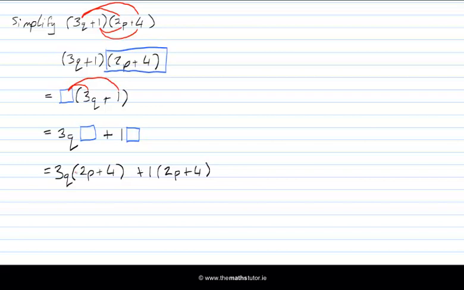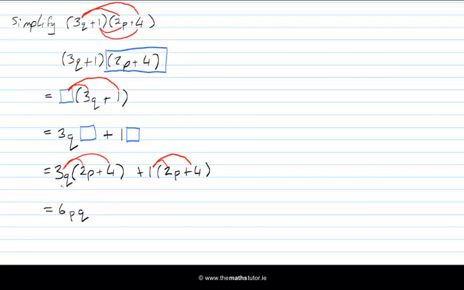So when you see something like this, we're almost back in this stage here where we have one thing multiplied by a bracket. So we do the same thing here. We have the 3q times the 2p and the 3q times the 4. And over here we have the 1 times 2p and the 1 times the plus 4. So that gets us the 6pq.